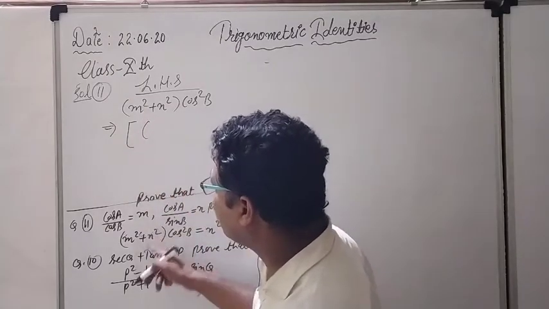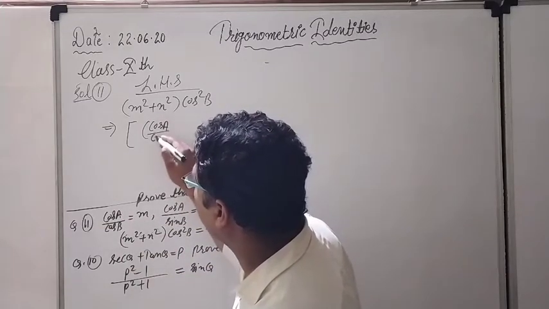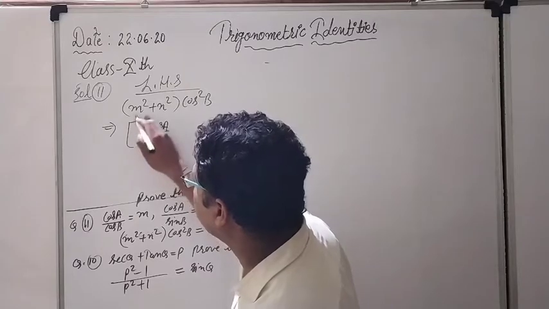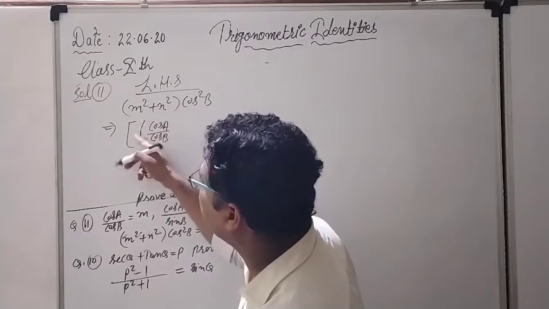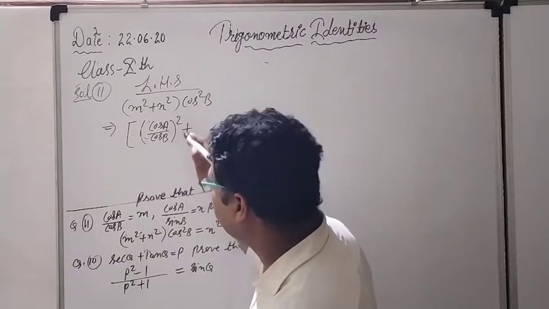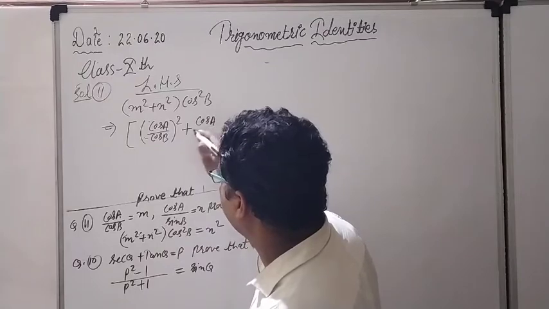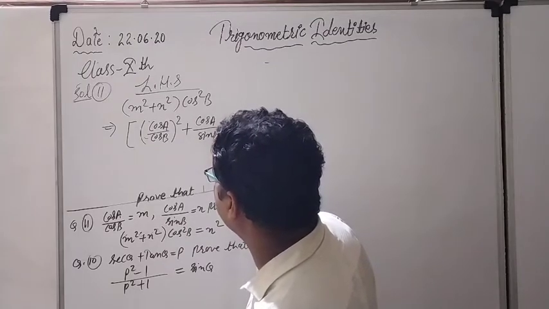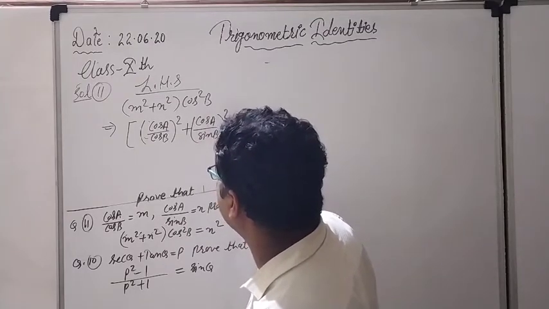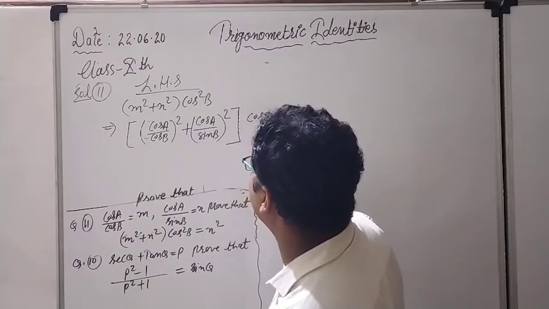The value of m is cos A upon cos B, so cos A upon cos B whole square, plus n square. What is n? Cos A upon sin B, whole square. Same thing, I am putting the values only, into cos square B.